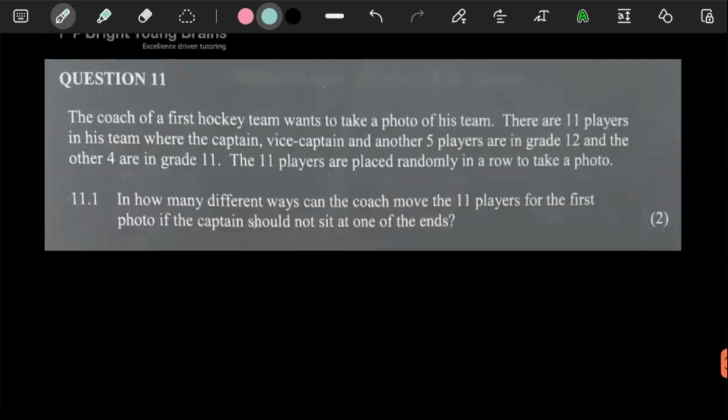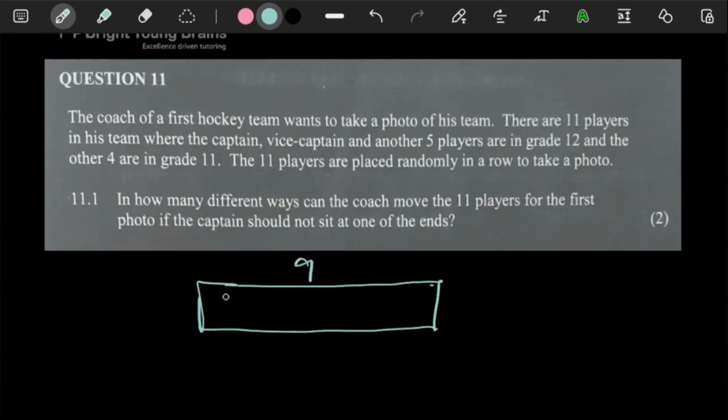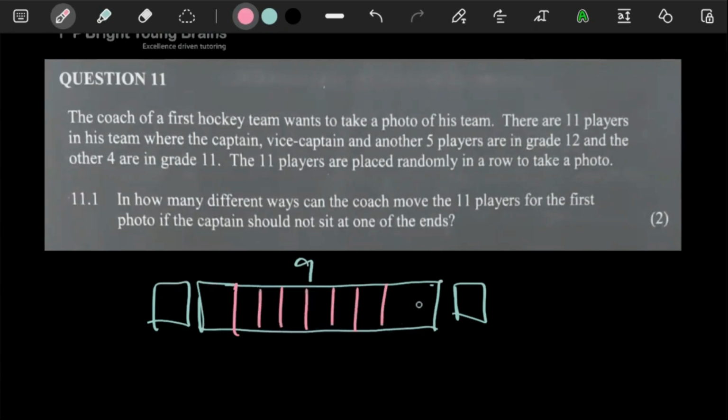So if the captain should not sit on one of the ends, you have to look at it like this. There are 9 slots in the middle here, and then there's a slot here, and there's a slot there. So the idea is, you need to look at it as 1, 2, 3, 4, 5, 6, 7, 8, 9, 10, 11.